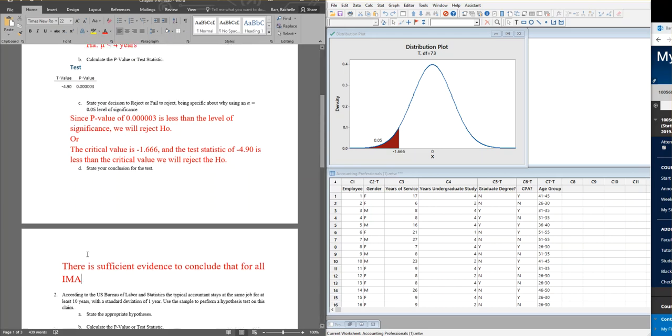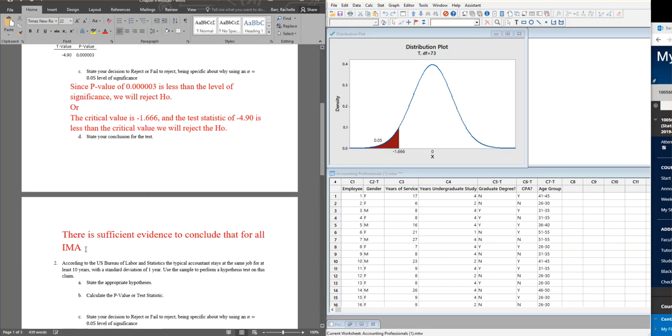Now be careful here. I'm talking about my sample and population here. When I say all IMA accountants, that's who my sample represents. Since this is a sample from the IMA accountants, it represents a population of all IMA accountants. And remember, when you're concluding a hypothesis test, it's about the entire population, not the sample.